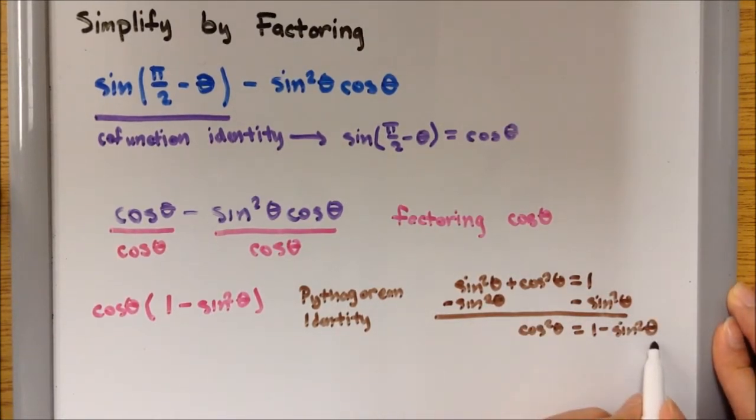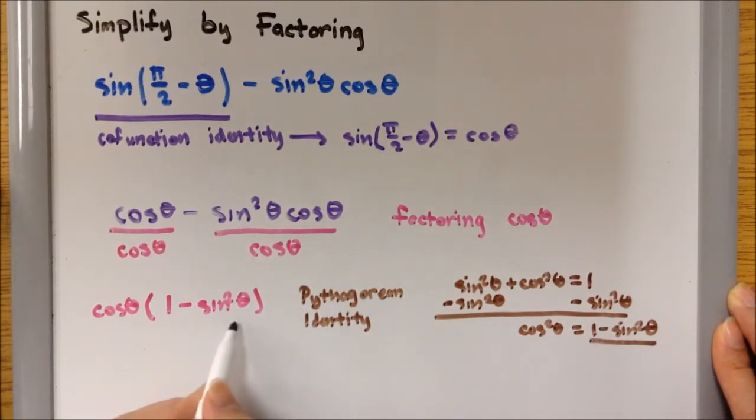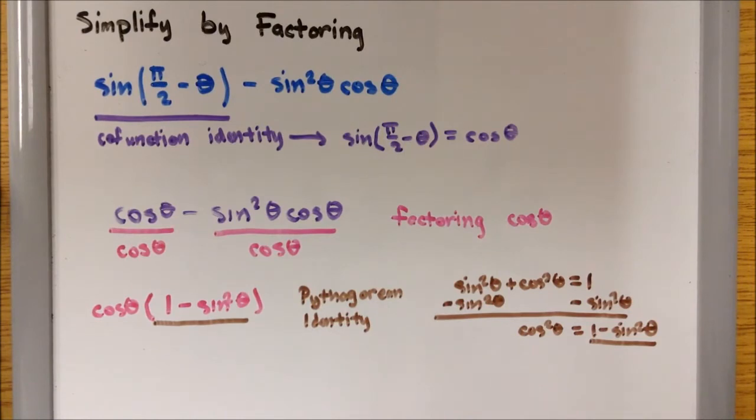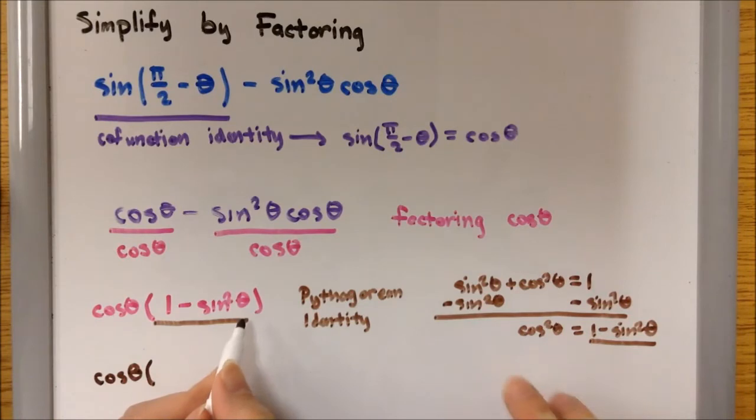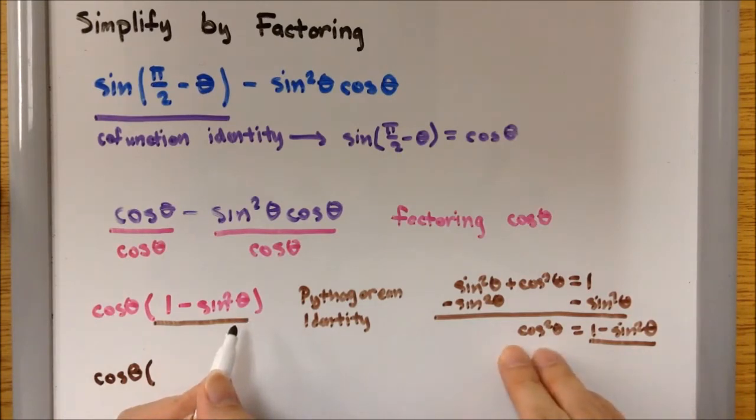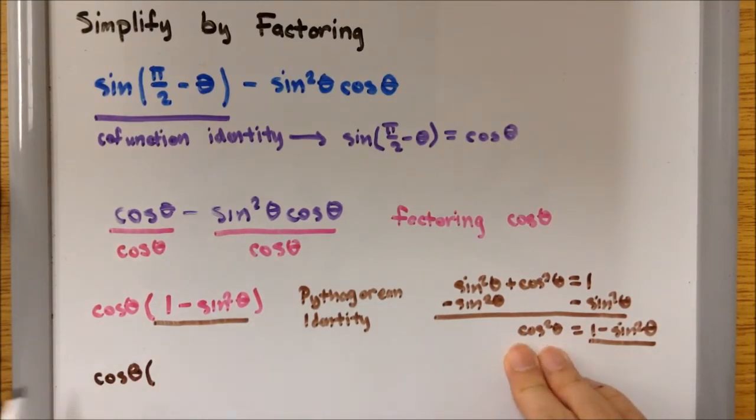So this 1 minus sine squared theta is exactly the same as this one over here. So what I can do is switch this part and change it into cosine squared theta. So I'm going to have the cosine on the outside, and then instead of 1 minus sine squared theta, I'm going to switch it out with cosine squared theta, because that's what it's equal to.